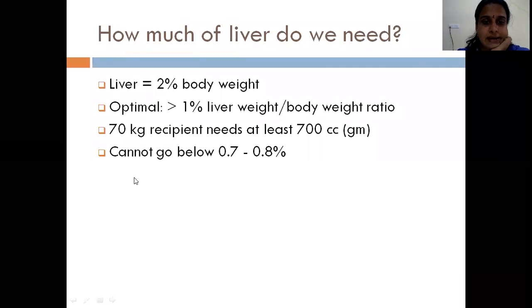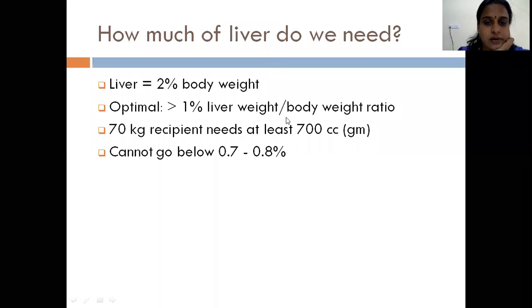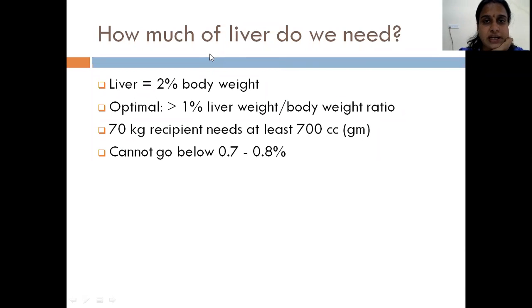So what is the ideal amount of liver that we need? The liver accounts for nearly 2% of the body weight. So optimally, a liver weight to body weight ratio of greater than 1% is sufficient for a functioning liver.